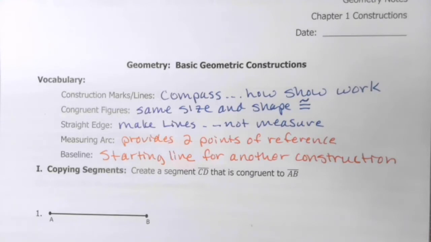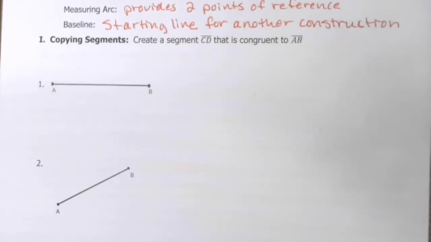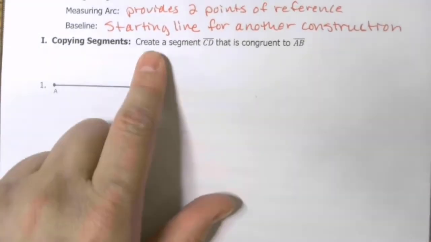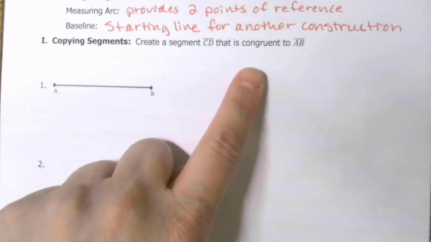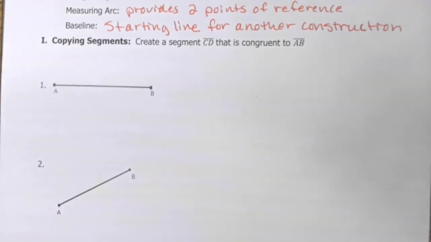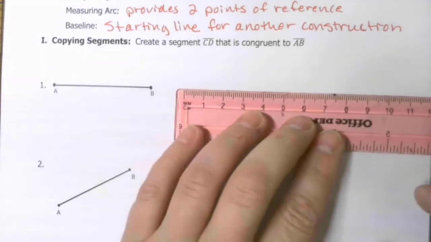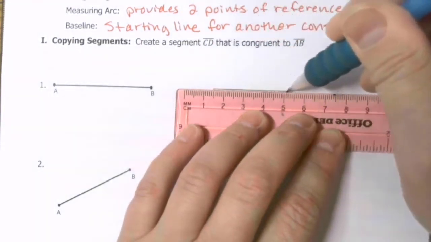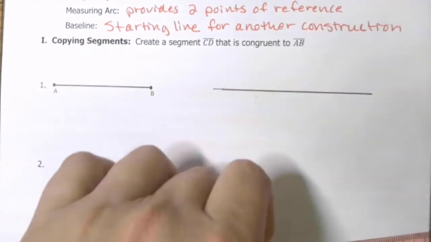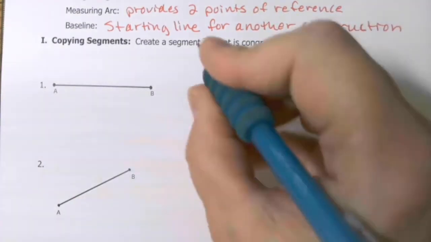Okay, let's start with some basic constructions now. Copying segments. It says create a segment CD that is congruent to AB. So first thing you want to do is create a baseline. Usually you want to make it a little longer than what you're going to want.